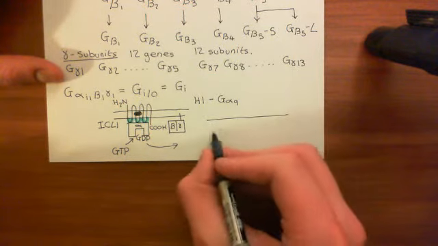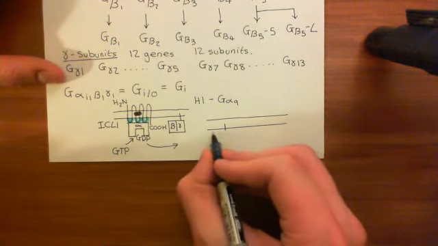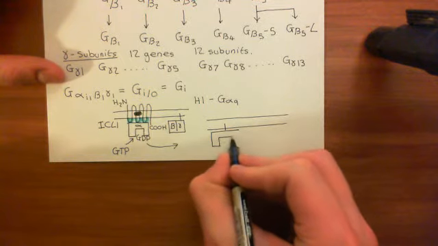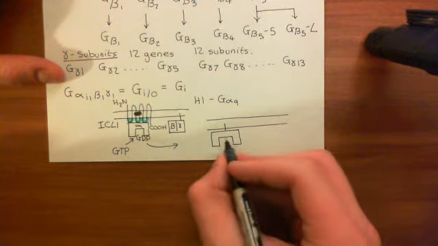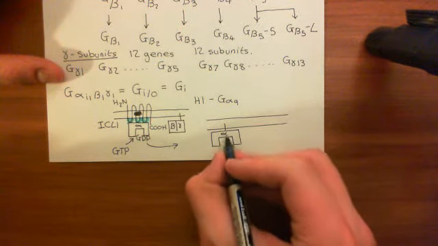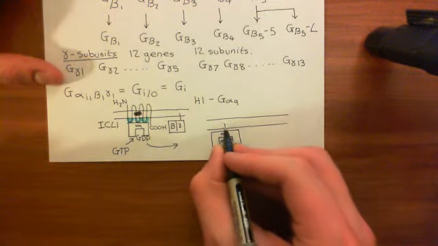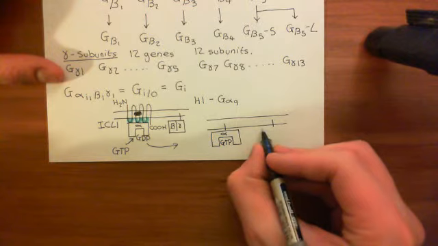So the overall effect of this is that you end up with two subunits, basically, that are now capable of having regulatory effects on the adenylyl cyclases, as well as many other proteins as well. Okay, so you end up with an alpha subunit which has GTP bound to it, which is still attached to the inner leaflet of the phospholipid bilayer by this myristoyl or palmitoyl group or both.